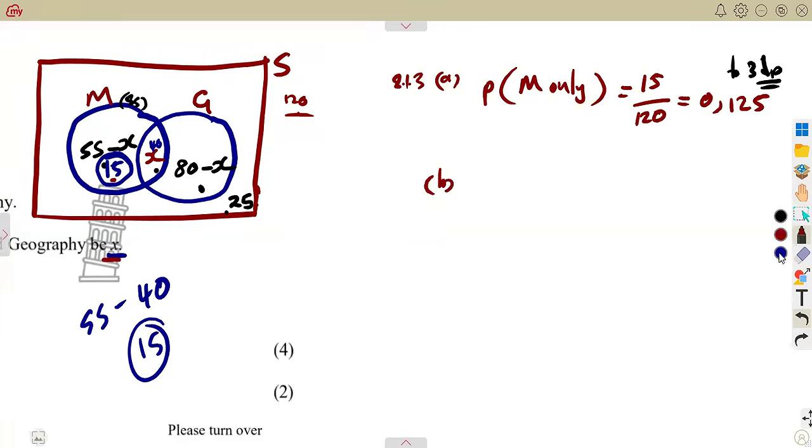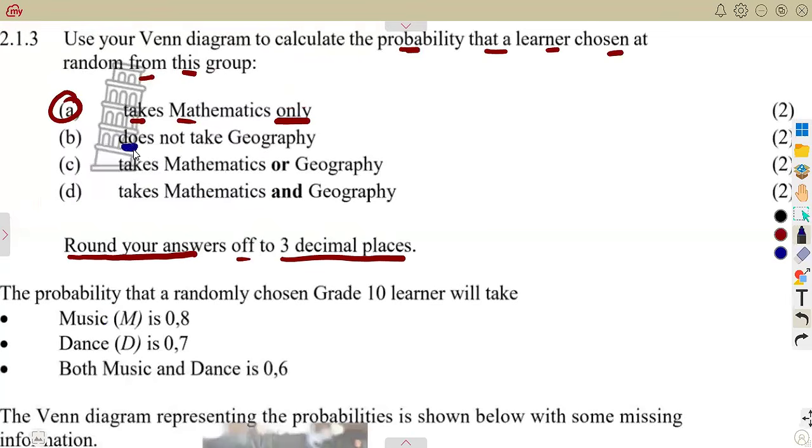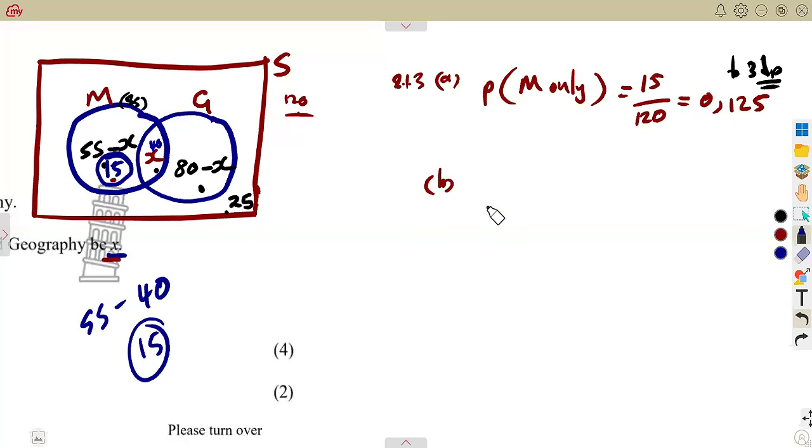B, the probability that a learner chosen from this group does not take geography. So the group does not take geography. It means that's the complement of geography, not in it. They do not take geography.